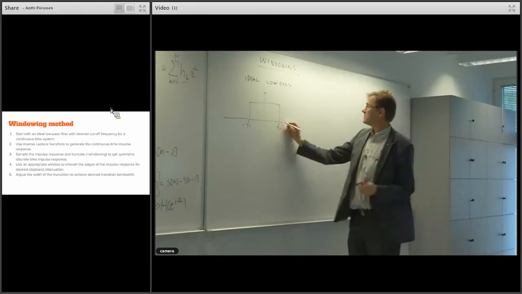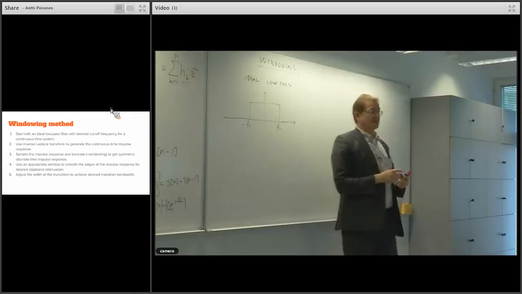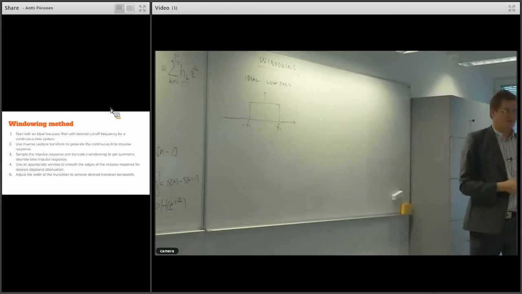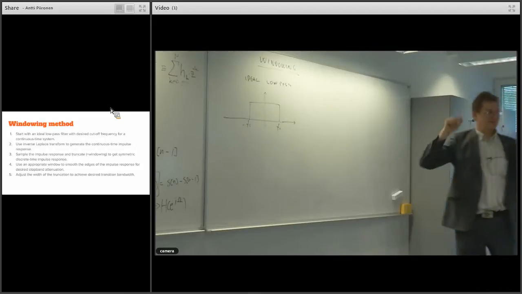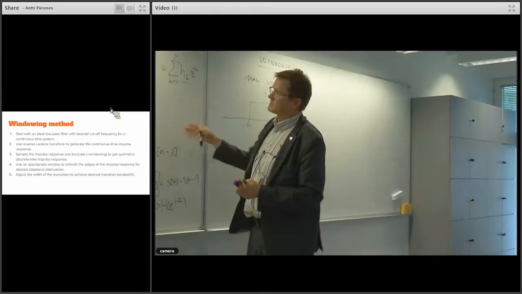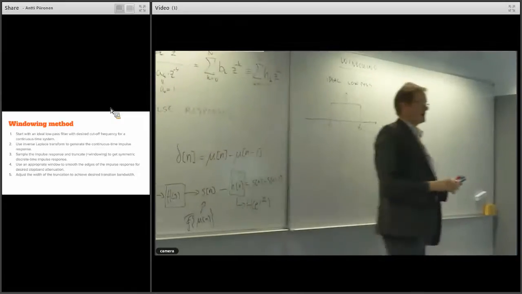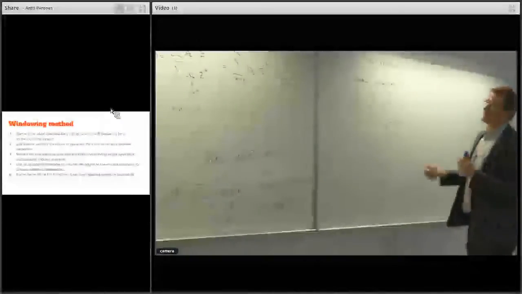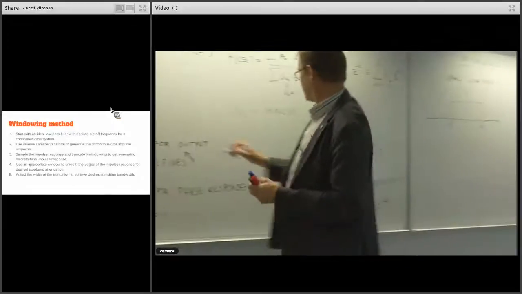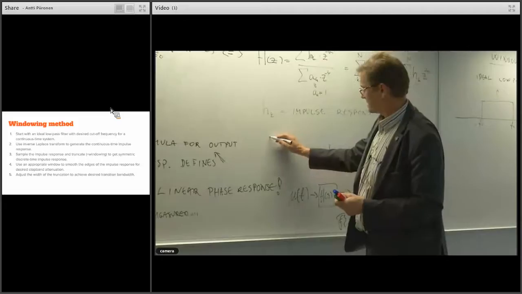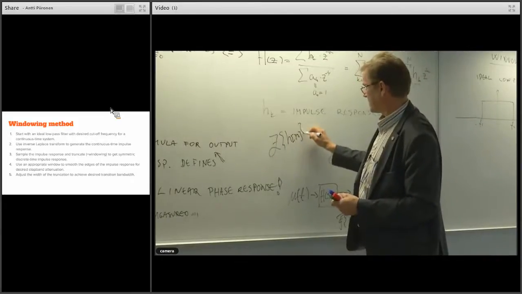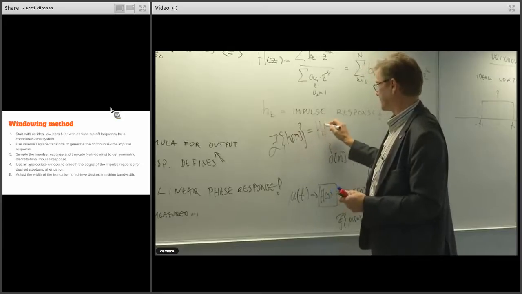Okay, and I can then check what would be the continuous time system impulse response. Impulse response and transfer function are quite related to each other, since the Z transform of the impulse response is the same as the transfer function.